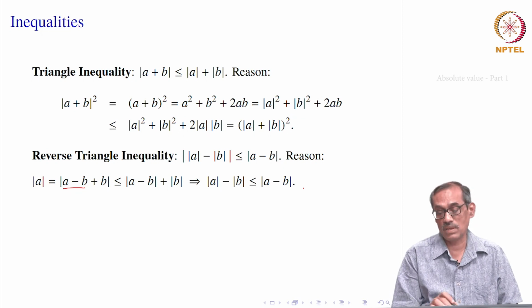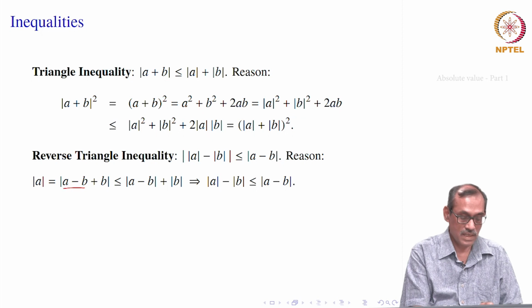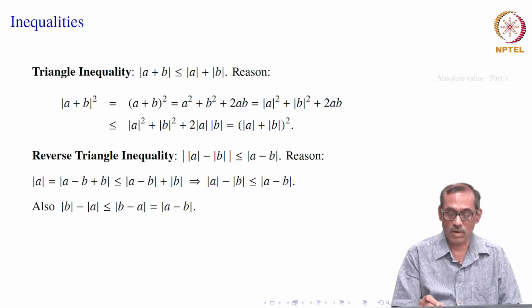Now, if you reverse the roles of A and B, you get the other inequality, mod B minus mod A is less than or equal to mod of B minus A, and mod of B minus A is equal to mod of A minus B. Therefore, in any case we get two inequalities: mod A minus mod B is less than or equal to mod A minus B, and mod B minus mod A is also less than or equal to mod A minus B. But what about the mod of mod A minus mod B?